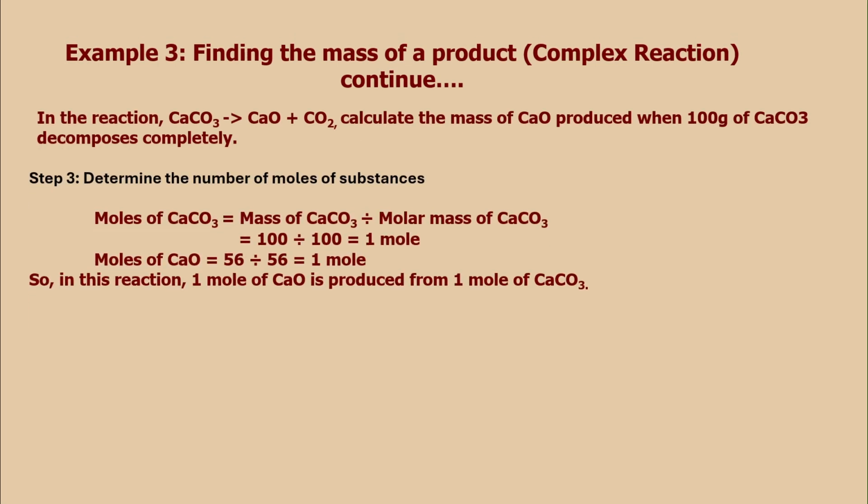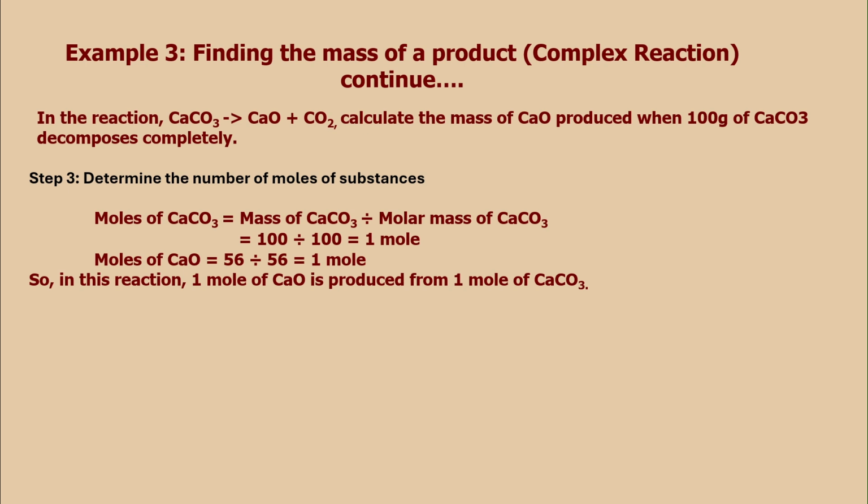Moles of calcium carbonate, CaCO3, is equal to mass of CaCO3 divided by molar mass of CaCO3, is equal to 100 divided by 100 is equal to 1 mole. Moles of calcium oxide is equal to 56 divided by 56 is equal to 1 mole.